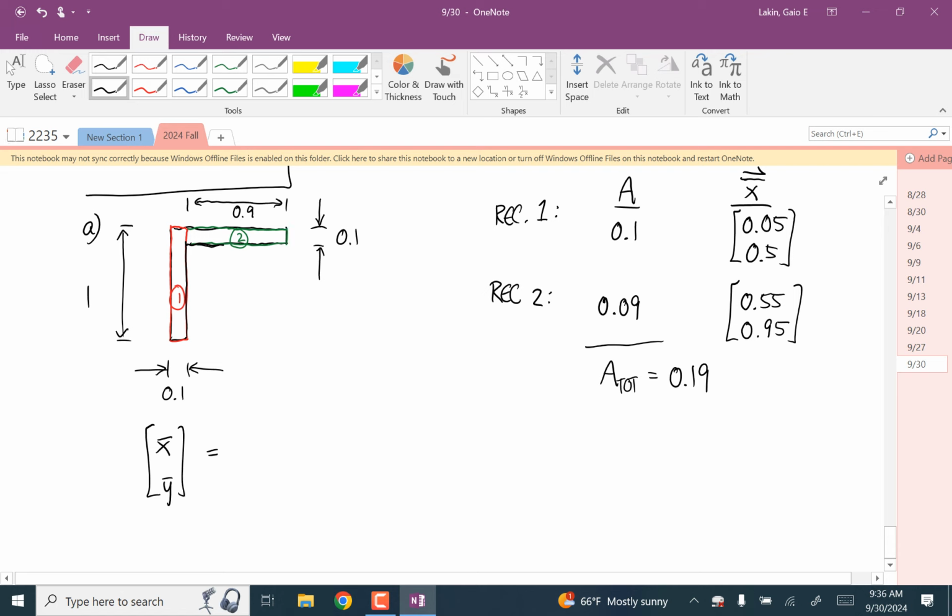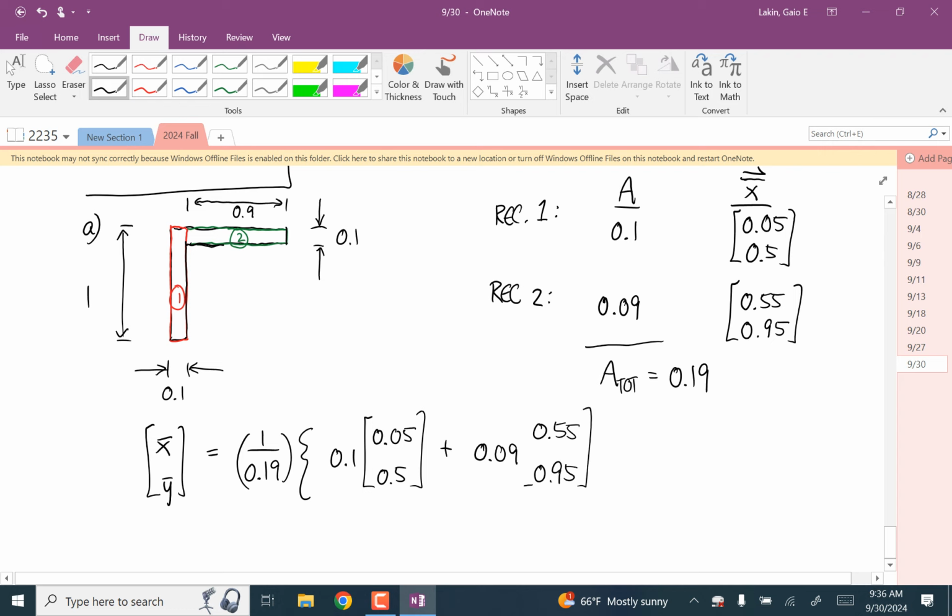And so we have 1 over 0.19 times the sum of 0.1 times the vector 0.05, 0.5, plus 0.09 times the vector 0.55, 0.95. This is 0.287, 0.713.